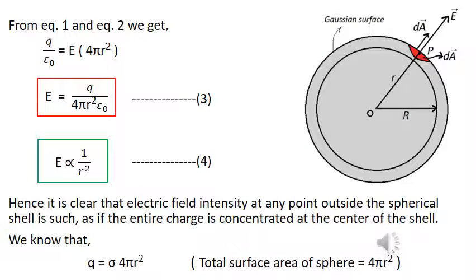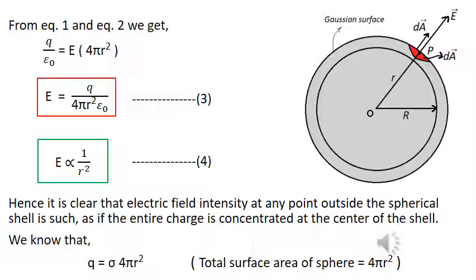By putting the value from equation 2 in equation 1, we get Q by epsilon naught is equal to E into 4 pi r square. From this equation, we get the electric field E is equal to Q by 4 pi epsilon naught r square.